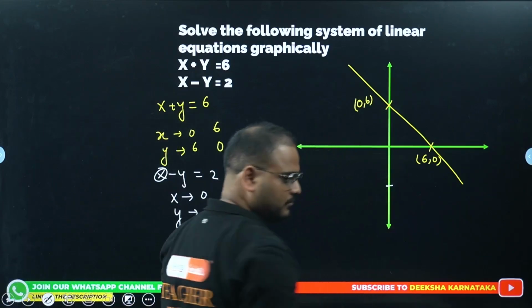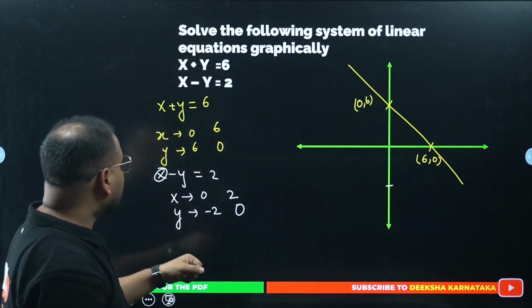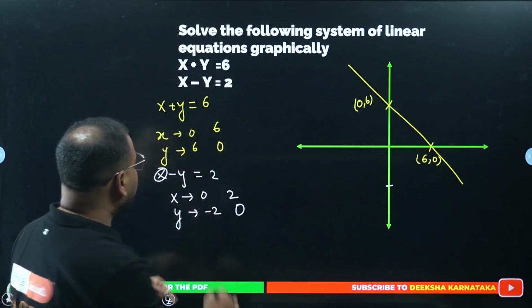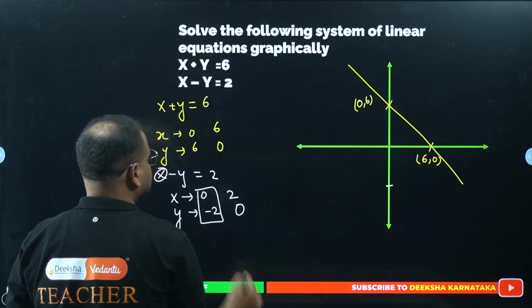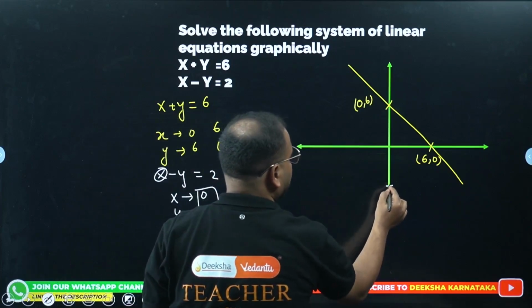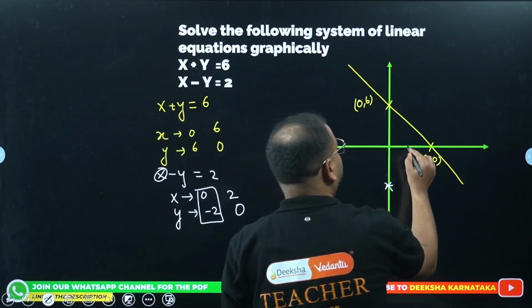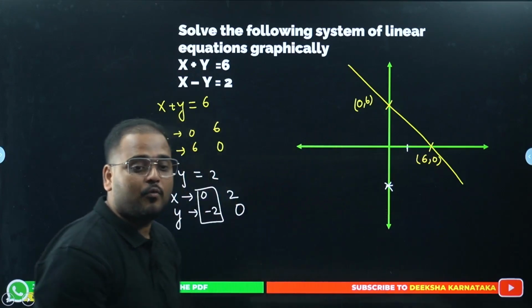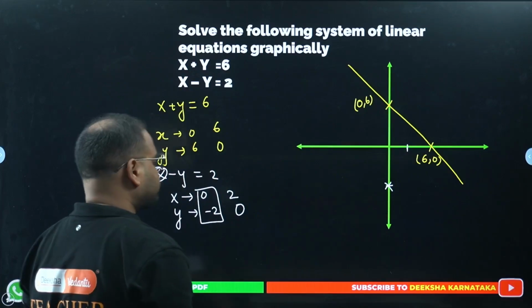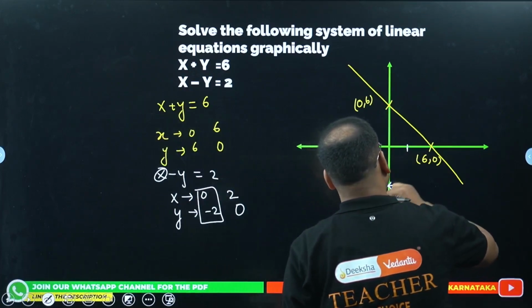Here, no? (0, -2) will be the first coordinate here. Second is (2, 0). Where is (2, 0)? Over here. (2, 0) is over here. How will I plot the line? Just take like this.